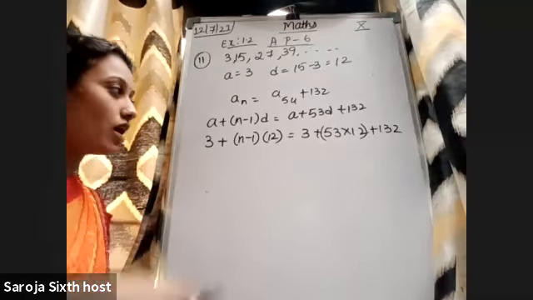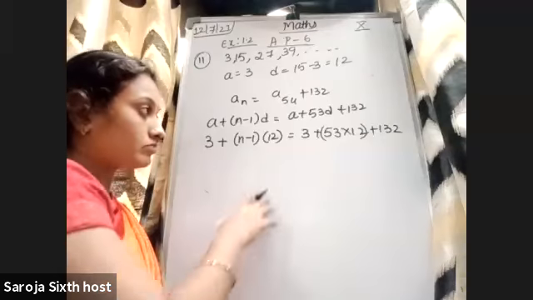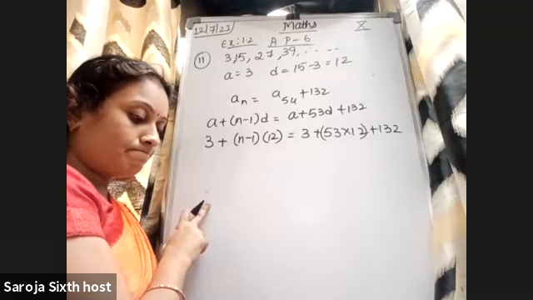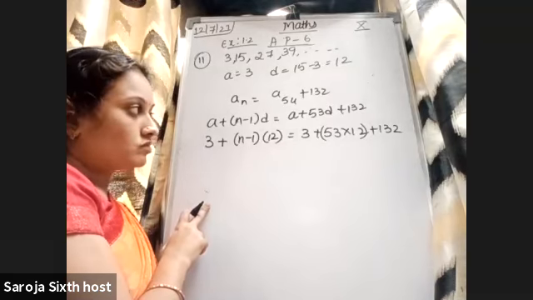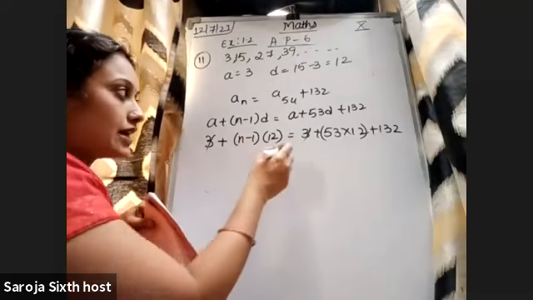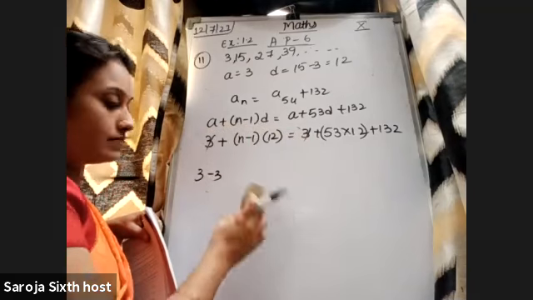When you solve this equation, you are going to get the n value. So shall I solve it in 1 minute? Within 1 minute I can solve. Yes, ma'am. Okay, fine. So next, what can we do here? Ma'am, we have to multiply inside the bracket. This 3 gets cancelled, no? When you shift this 3 to this side, you will get 3 minus 3, which cancels.